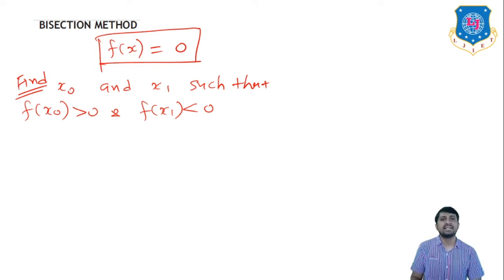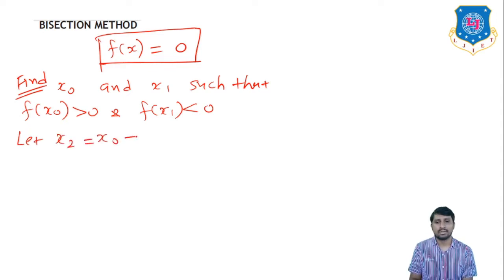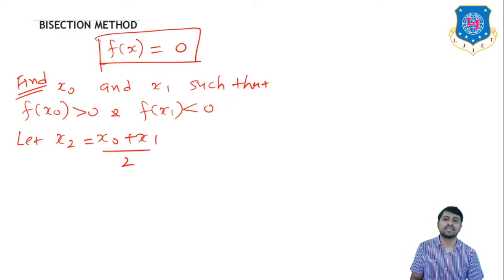Then definitely one root lies between x0 and x1. So let x2 be equal to x0 plus x1 divided by 2, the average of x0 and x1. Now find f of x2.